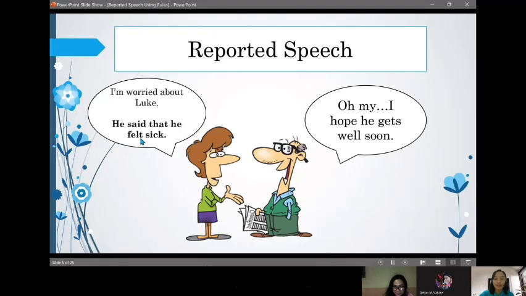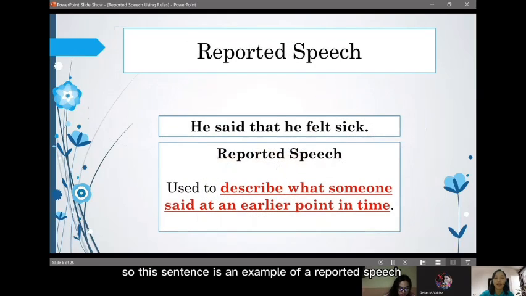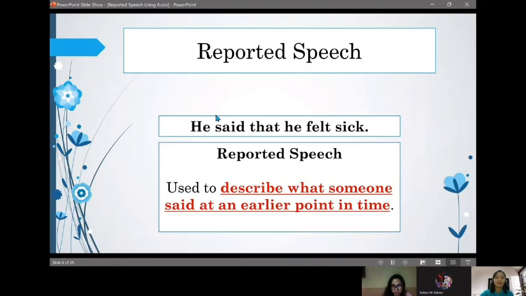Okay. So this sentence is an example of a reported speech. A reported speech is used to describe what someone said at an earlier point of time. I put emphasis there, at an earlier point of time.